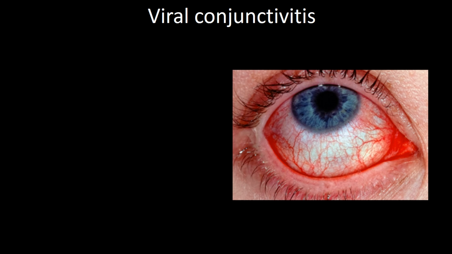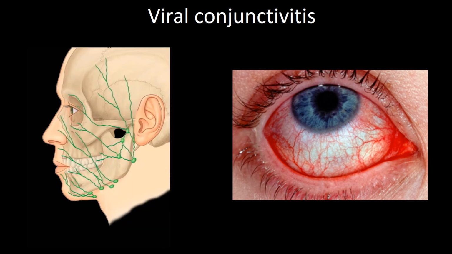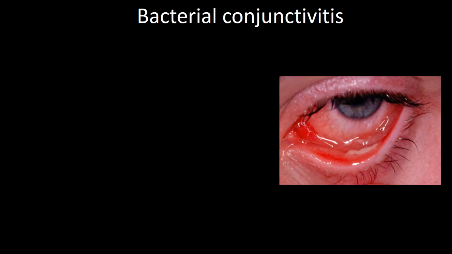The most common agent producing viral conjunctivitis is adenovirus. This condition is not usually associated with pain, photophobia, visual disturbances, or significant amount of mucus discharge. Antibiotics are not helpful. Cold compress may be beneficial. An interesting finding in patients with viral conjunctivitis is enlargement of the preauricular nodes.